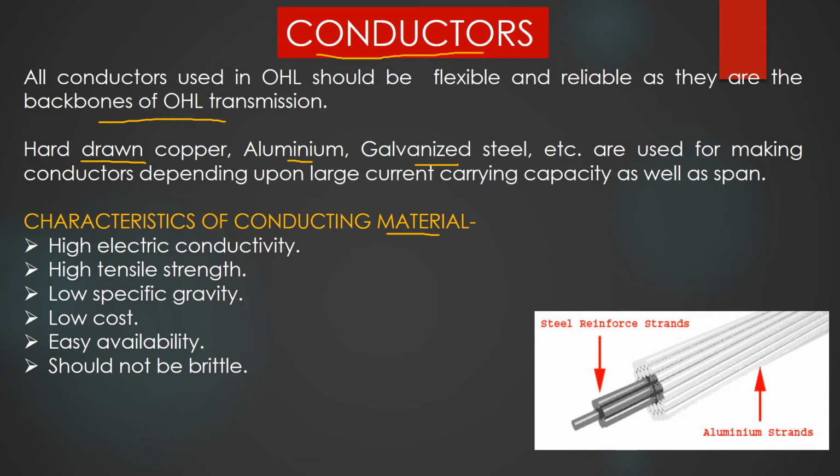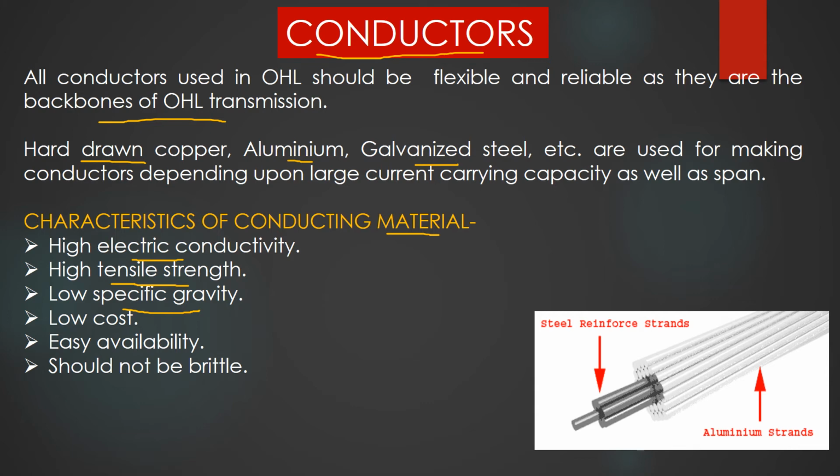Like, it should have high electric conductivity, it should possess high tensile strength so that it can withstand the mechanical stresses, it should have low specific gravity so that it has low weight, because these are being installed on the transmission tower. The transmission tower should be capable enough of handling the weight of the conductors.